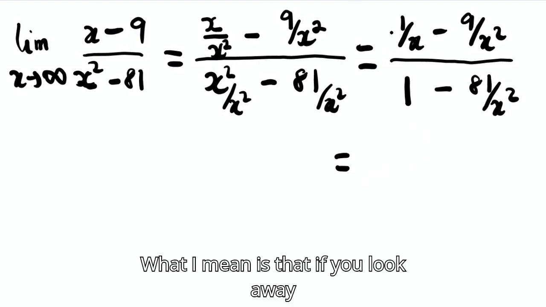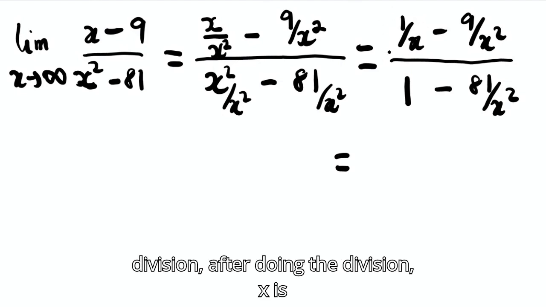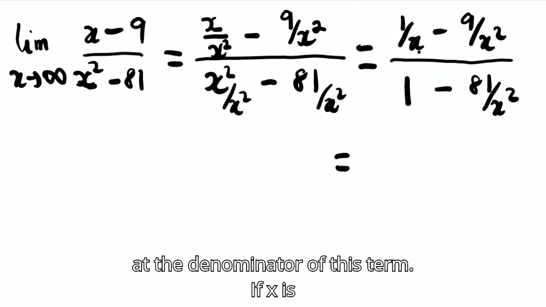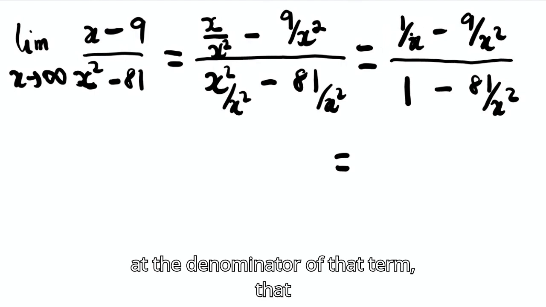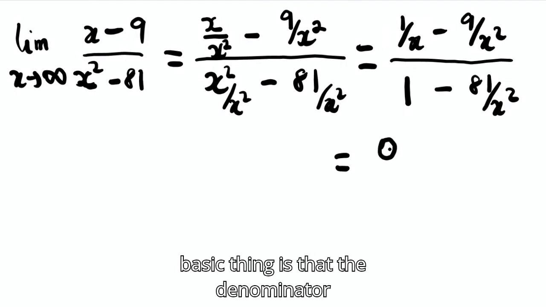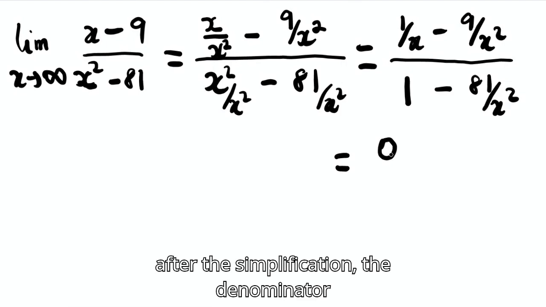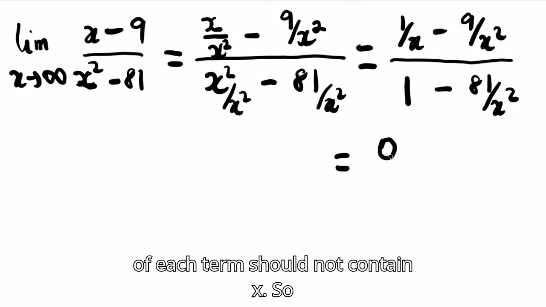What I mean is that if you look over here, after doing the simplification, we are seeing that for this particular term, after doing the division, x is at the denominator of this term. If x is at the denominator of that term, it becomes 0. The basic truth is that after the simplification, the denominator of each term should not contain x.